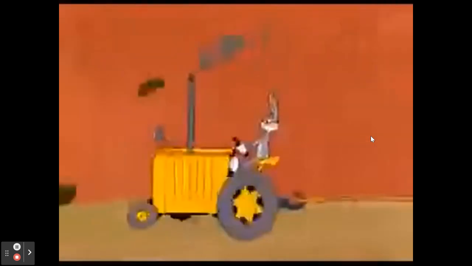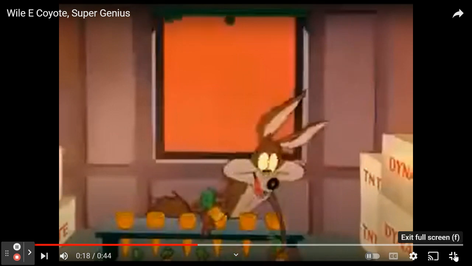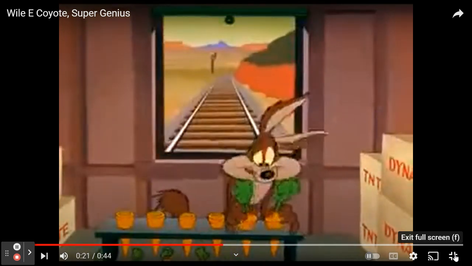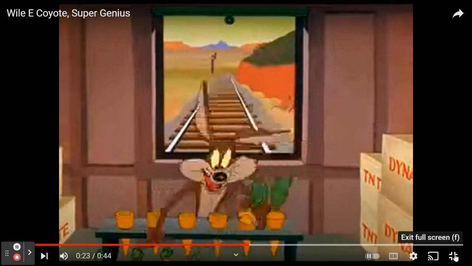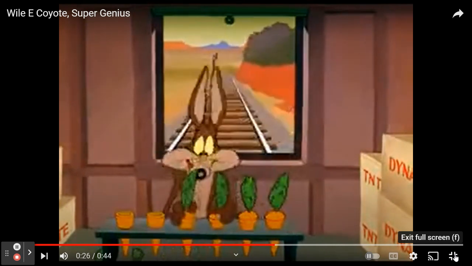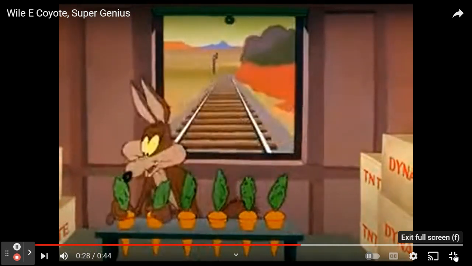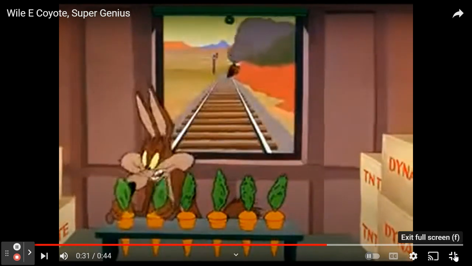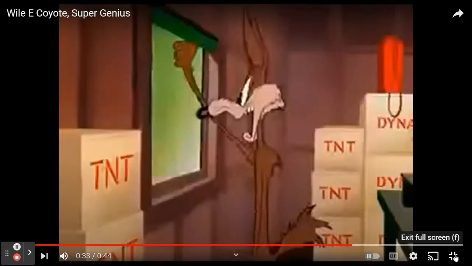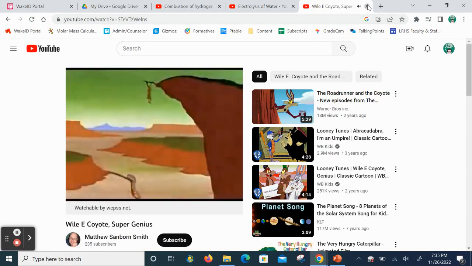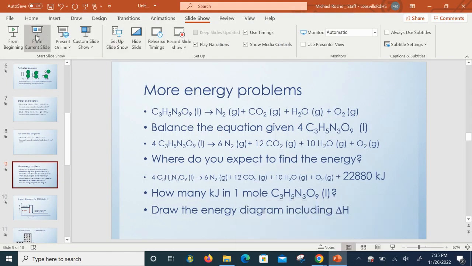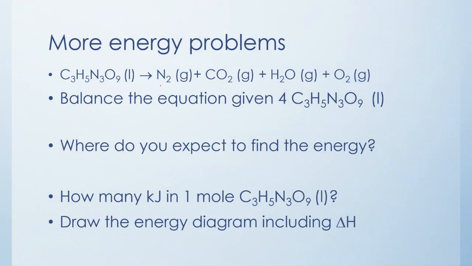So the reason nitroglycerin is so dangerous: it is very explosive, as you can see there, as well as the TNT. I mean, it's hard to really figure out what was doing the damage. But anyway, nitroglycerin is so explosive because it produces lots and lots of gas for that liquid. That liquid can turn into lots of gas quickly, and that's what makes it super explosive.